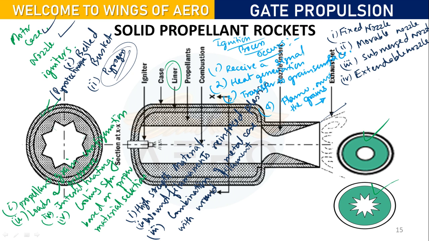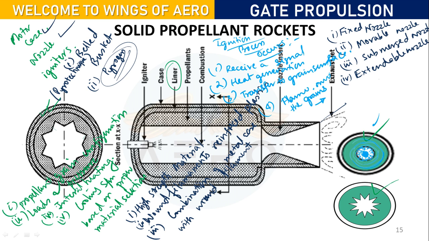just see this particular diagram. Consider this is an igniter. When it receives the signal, it will start to generate heat. Heat will dissipate across the cross section of the grains, so the grain surface will get heated up. Once it gets heated up, it will decompose gradually across the surface.